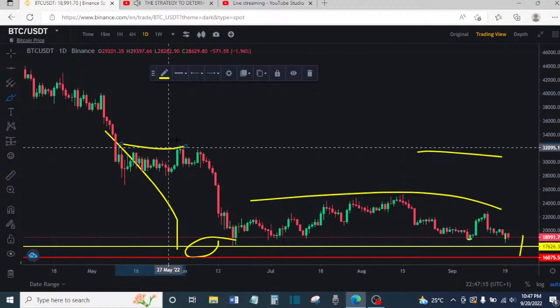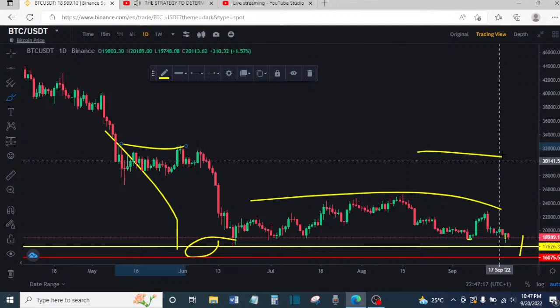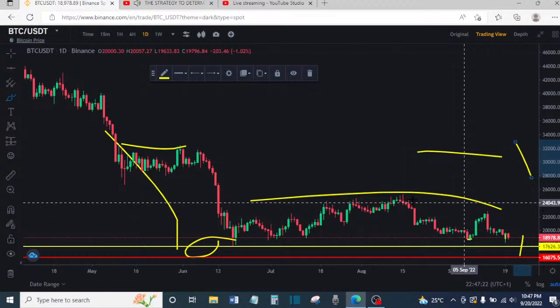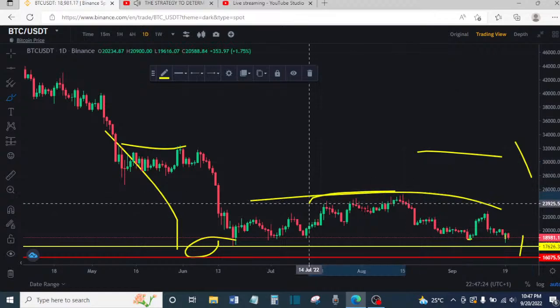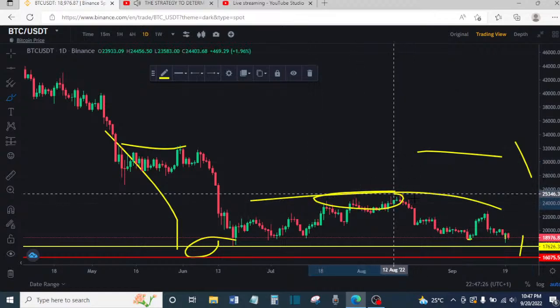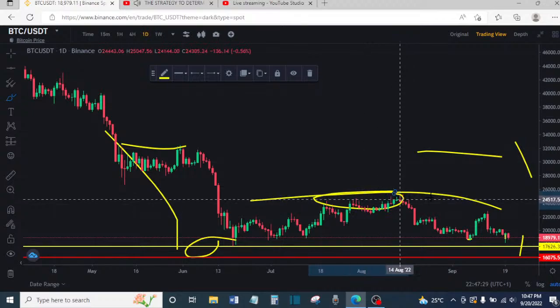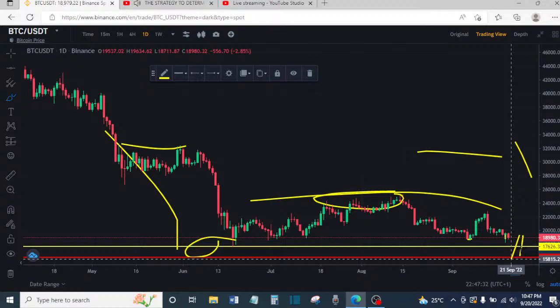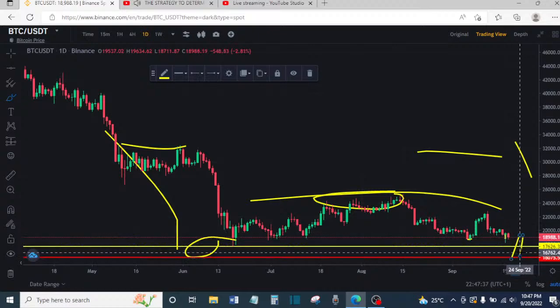They could decide to just take it out. If they take it out, they may take it out just slightly, then fall back down again to come and retest this area, this zone. So price could form a pin bar around this area, then halfway through the pin bar we go long on this yellow line.